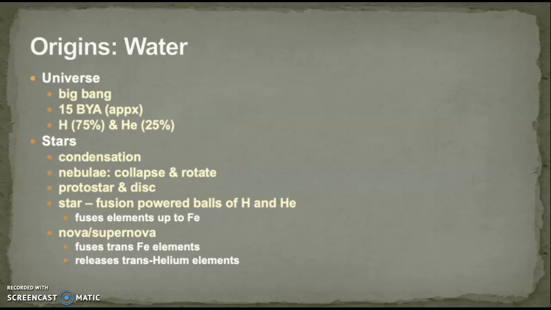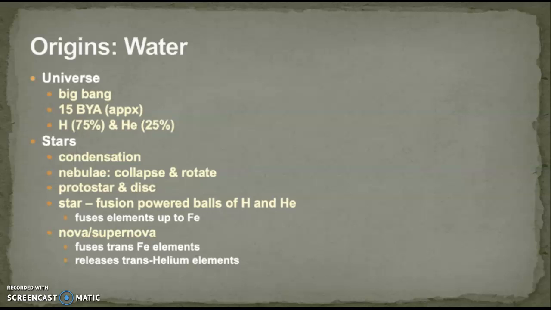Very large elements are fused at the core of this nova or supernova event, but at the same time, the star gets blown apart, so those larger elements get cast out into space. That ultimately is what leads to the next generation of stellar nebula, which instead of being limited to only hydrogen and helium, now have other elements present, including oxygen. And the oxygens and hydrogens can then get together and make water.